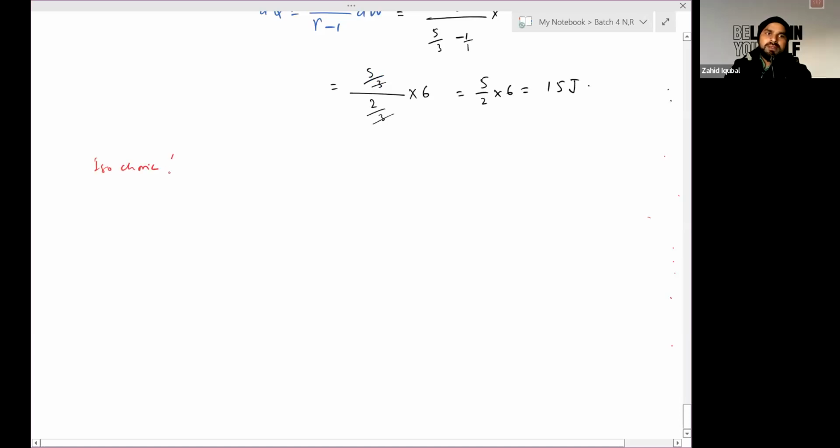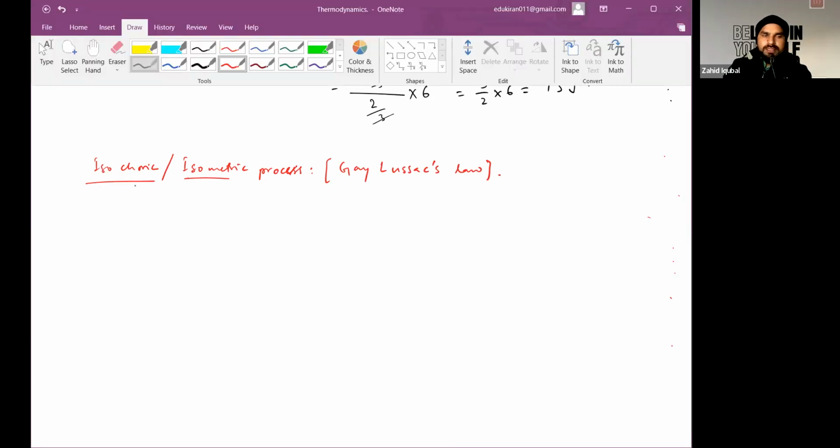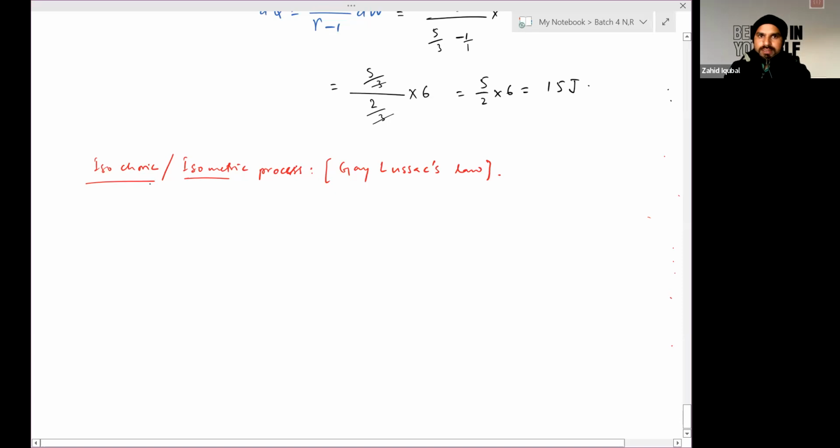Next is isochoric, which is also called isometric. Gay-Lussac's law states the process which is carried out at constant volume is called isochoric or isometric process.